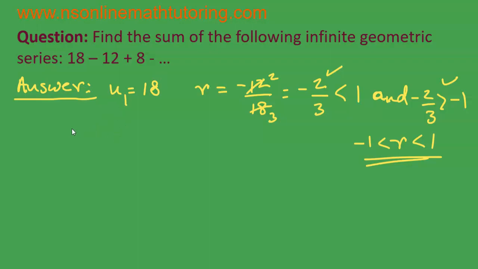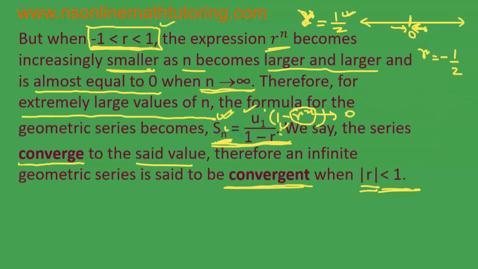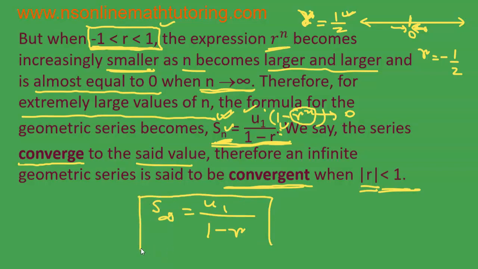Okay. And since it is an infinite geometric series, the number of terms will be infinity and we have to write S infinity. Here I have written Sn. It is actually S infinity is equal to u1 over 1 minus r. This is the formula for the sum total of an infinite geometric series which is having the common ratio between -1 and +1.